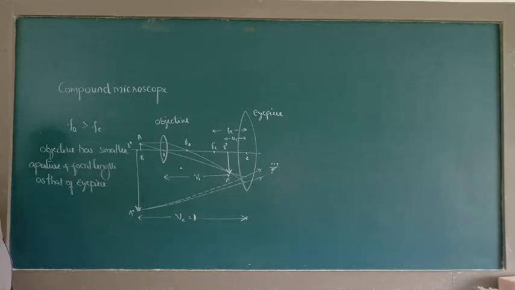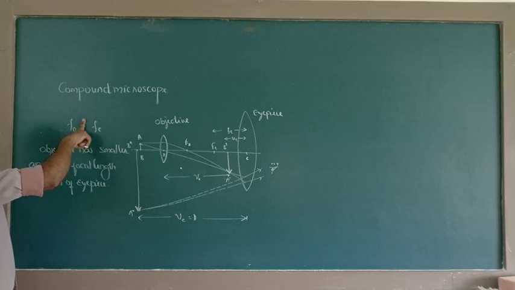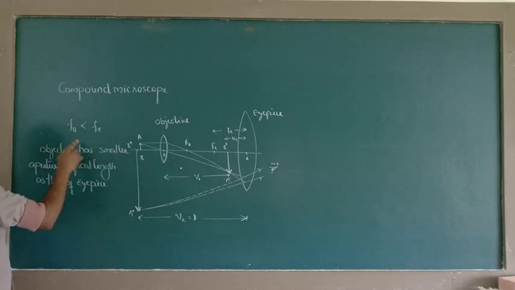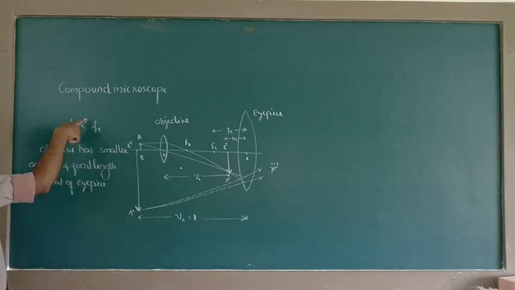So the focal length of the objective is less than the focal length of the eyepiece, with the less than symbol.